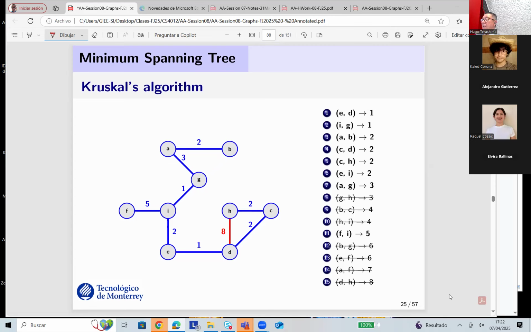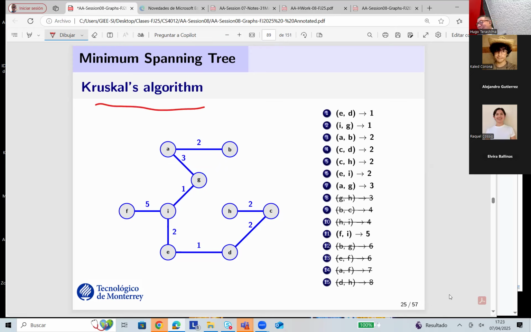Okay, so up to that point, you had all the nodes included in the MST, right? So you have this, and is that a tree? Yes, it is. Is that the minimum spanning tree? I don't know. Well, it's what Kruskal's algorithm is doing.